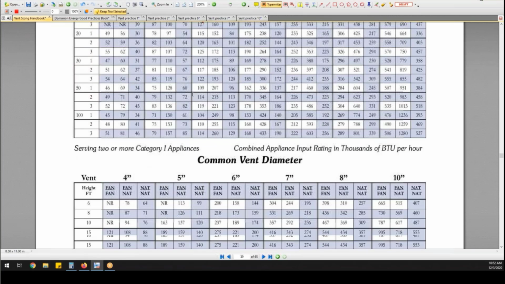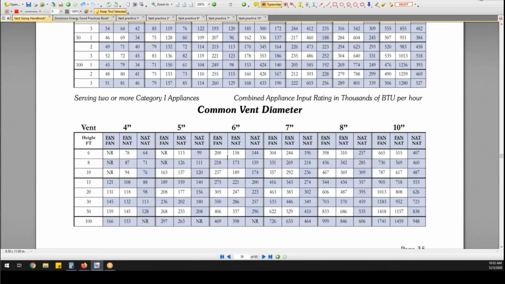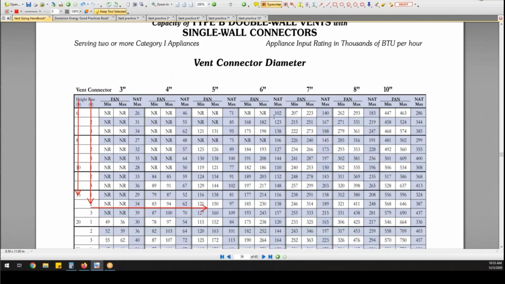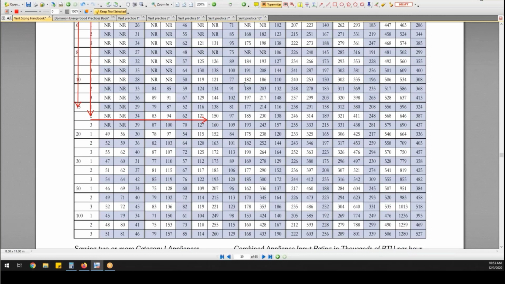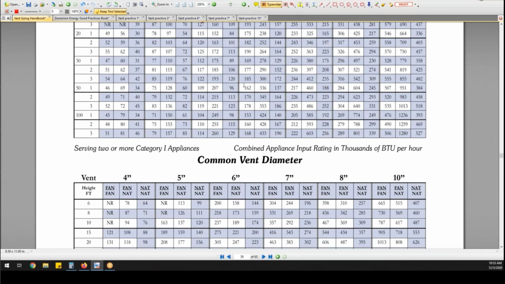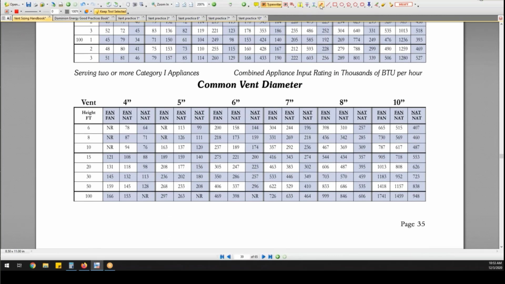And I come down to this new little chart at the bottom that wasn't on the other charts, called common vent diameter. And again, because I have a single wall connector in the system, because I decided to do my water heater with the single wall pipe because the chart said I could, I've got to be on the right chart, and I just simply come over to my vent height, and it was 15 feet.